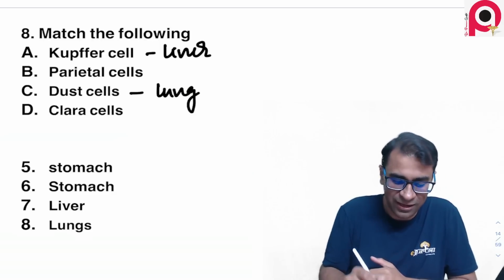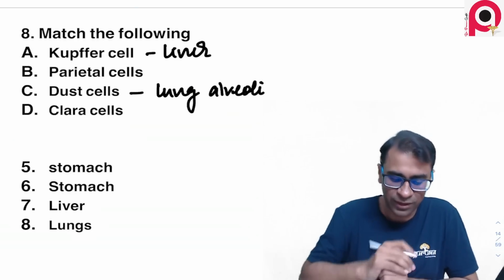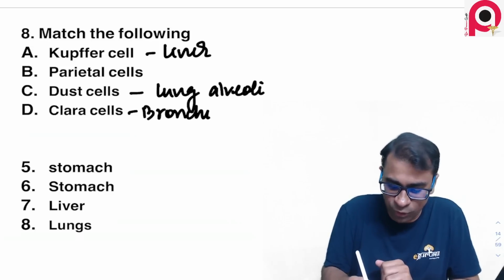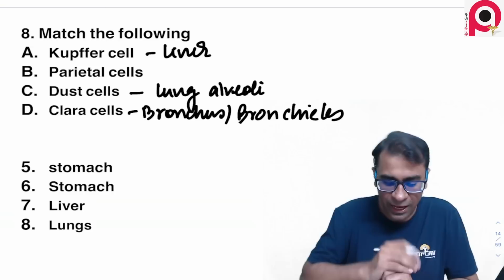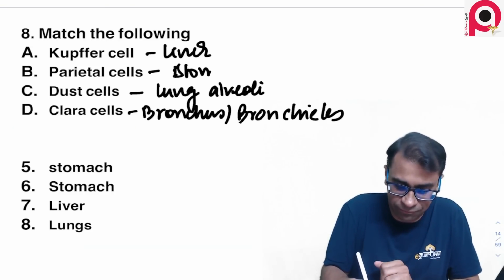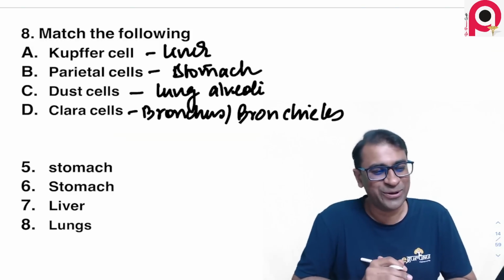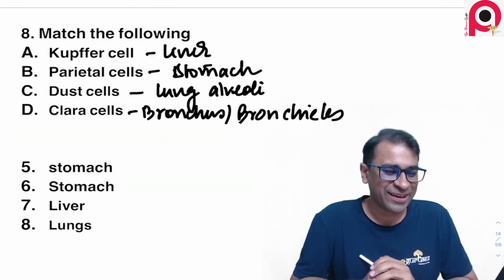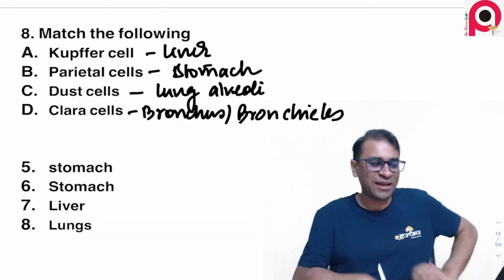Clara cells are in the bronchus and the bronchioles, and parietal cells are in the stomach. I think most of you will remember me from my Bahubali. I keep on saying this so many times in my classes.